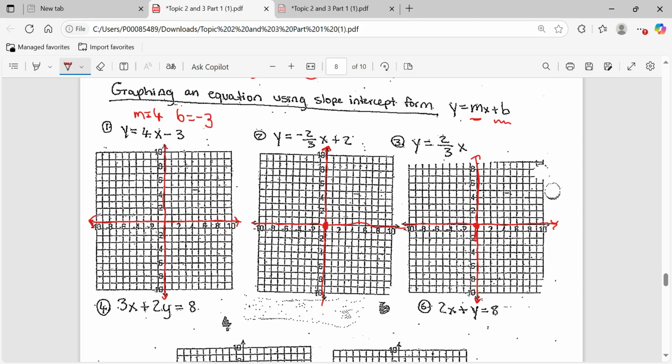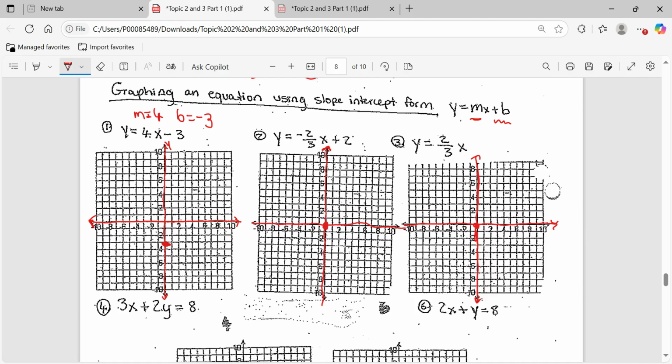In order to graph, you're going to start at the b. You have to start somewhere, and you have to start at the y-intercept. The y-intercept is the starting point. So I'm going to start here at -3, and it's -3 on the y. Your y-intercept must be on the y-axis.